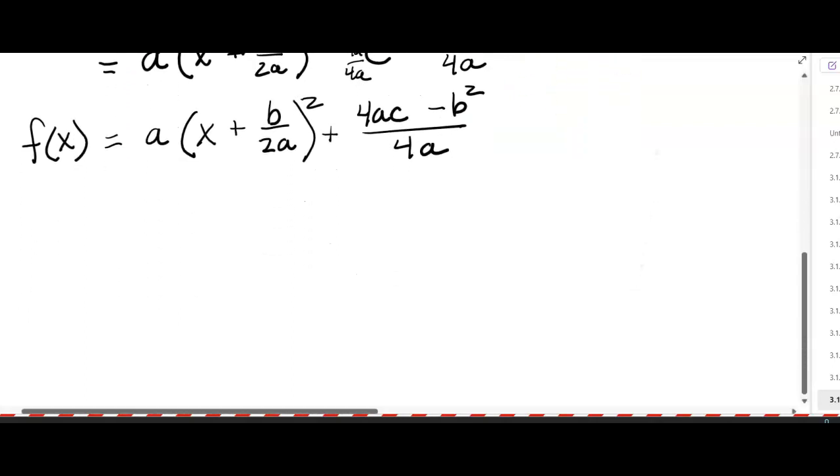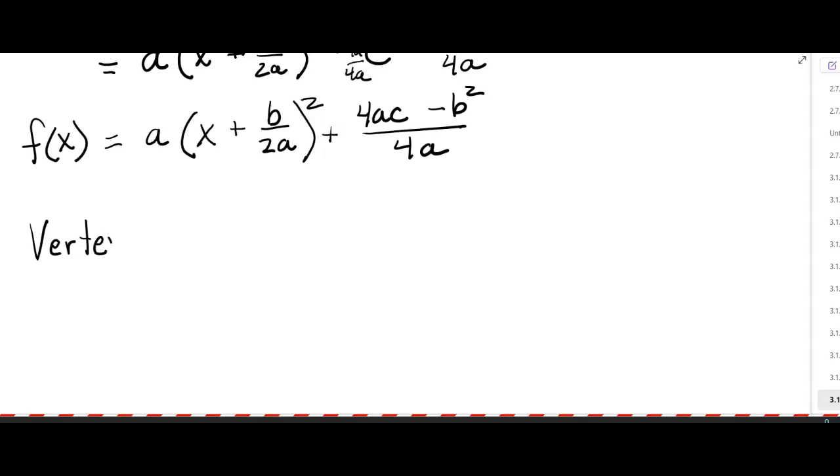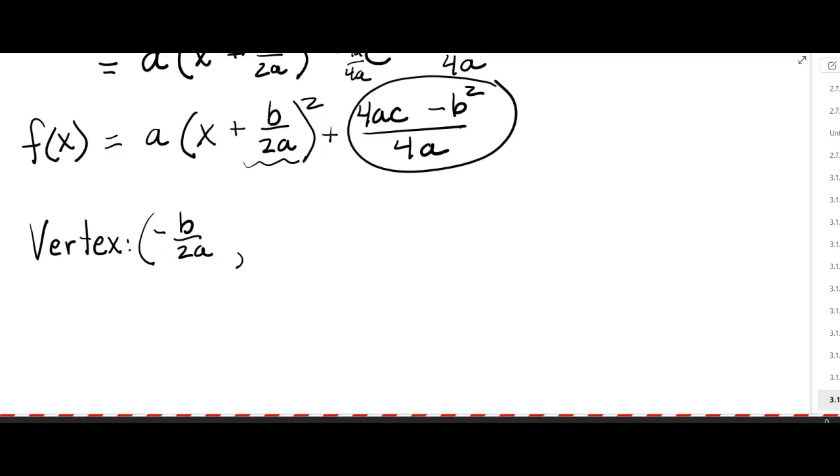But what we really want to know is the vertex. And so the vertex is the opposite here, right? So negative b over 2a, comma, and then your k is right here: (4ac − b²) over 4a.